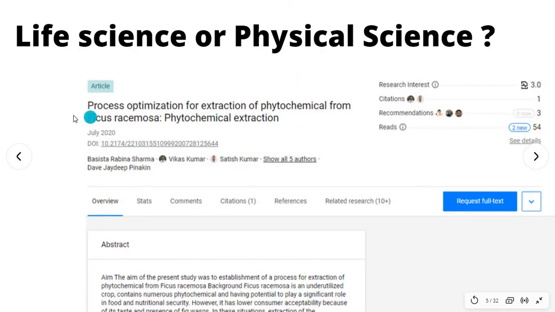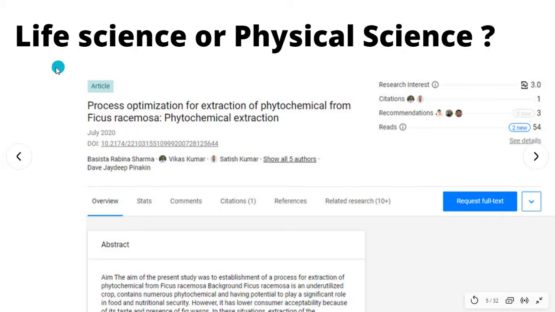How about process optimization for extraction of phytochemical from Ficus racemosa, phytochemical extraction? In this kind of research, they want to establish a process of extraction of phytochemicals from this, this must be a plant. Yes.